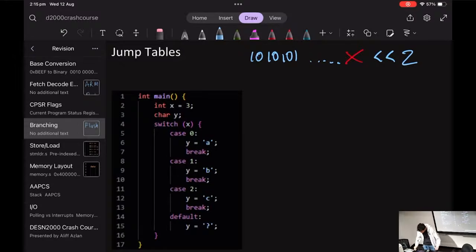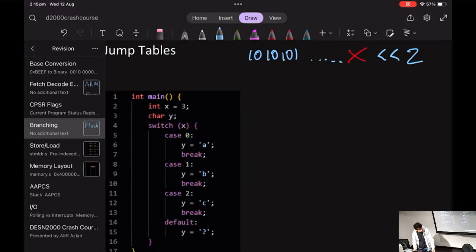All right, that's all right. Essentially, you know your if and elses, so a switch statement is basically a bunch of if and elses. So we have something like that.